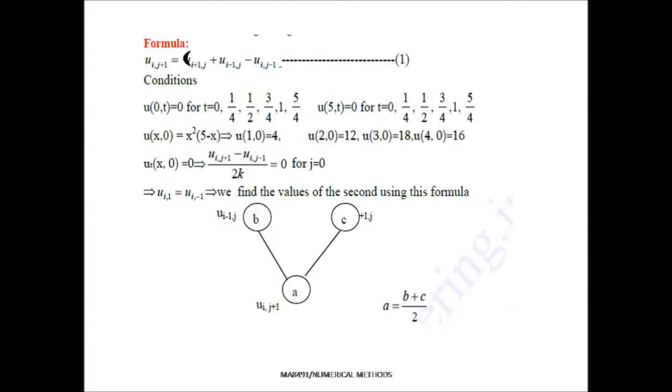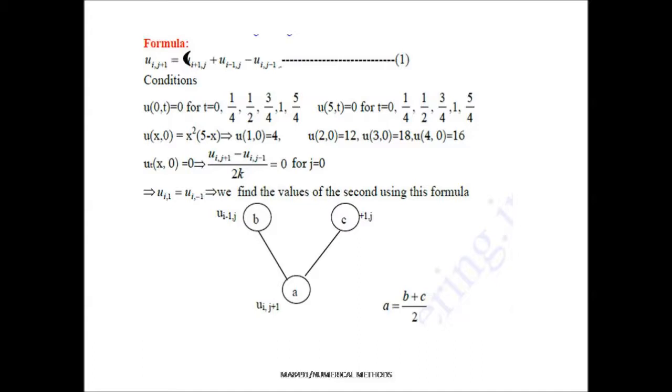Now use the formula u of i plus 1 comma j plus u of i minus 1 comma j minus u of i comma j minus 1 to find your boundary conditions.